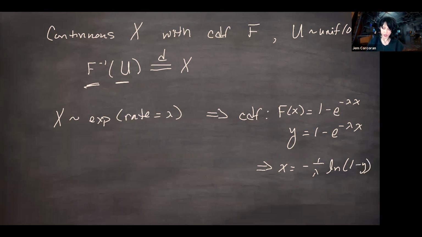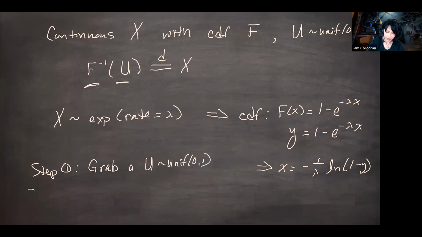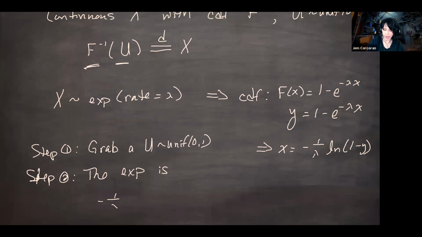So that's your inverse function. So it takes 2 steps to generate an exponential. Step 1, grab from the random number generator a U. And step 2, the exponential is minus 1 over lambda log 1 minus U.